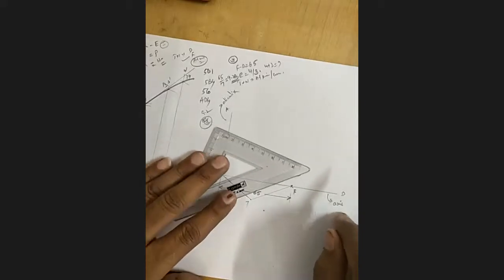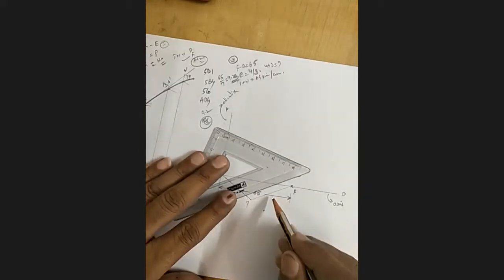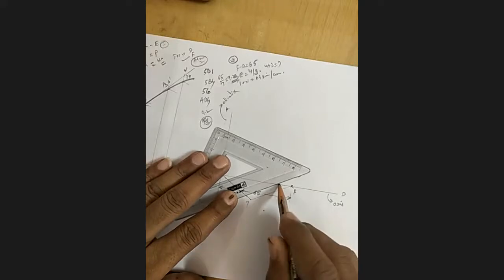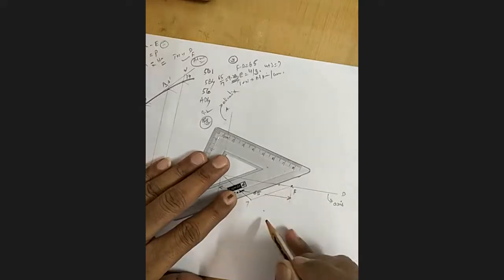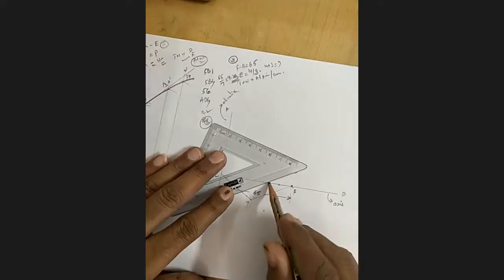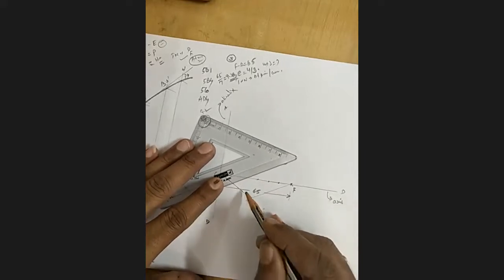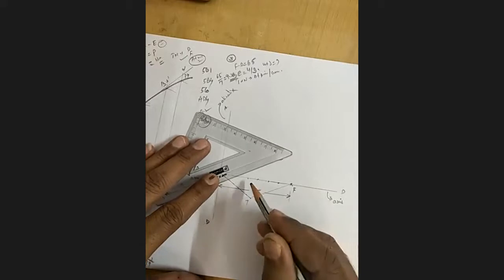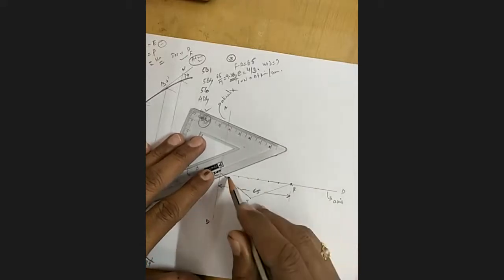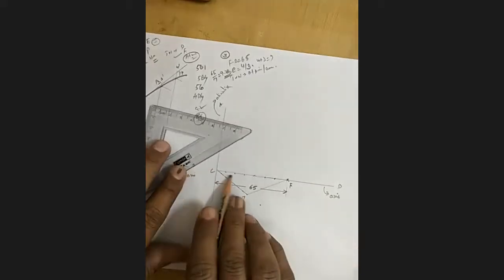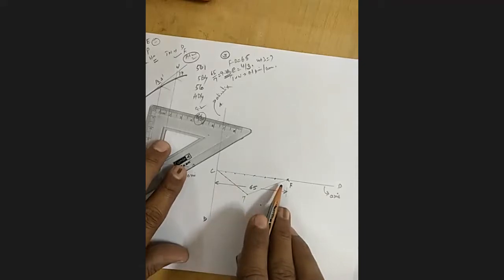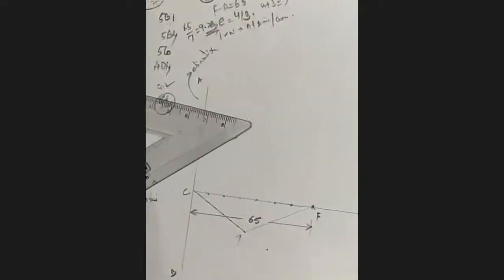Then draw the parallel lines. There are so many methods, Amma. Instead of drawing the full line, you can simply mark the points parallelly. That is left to you, which method to use. Yes, I simply marked the points. Can you see?